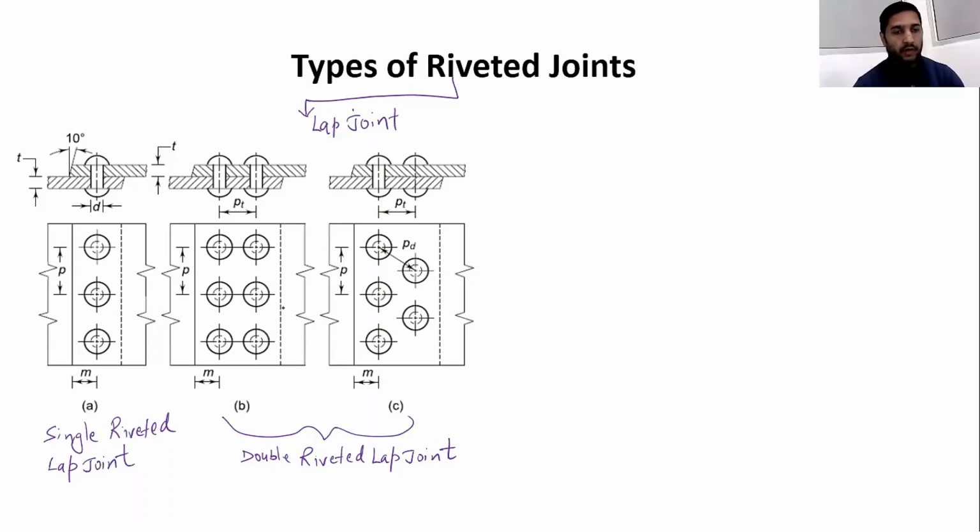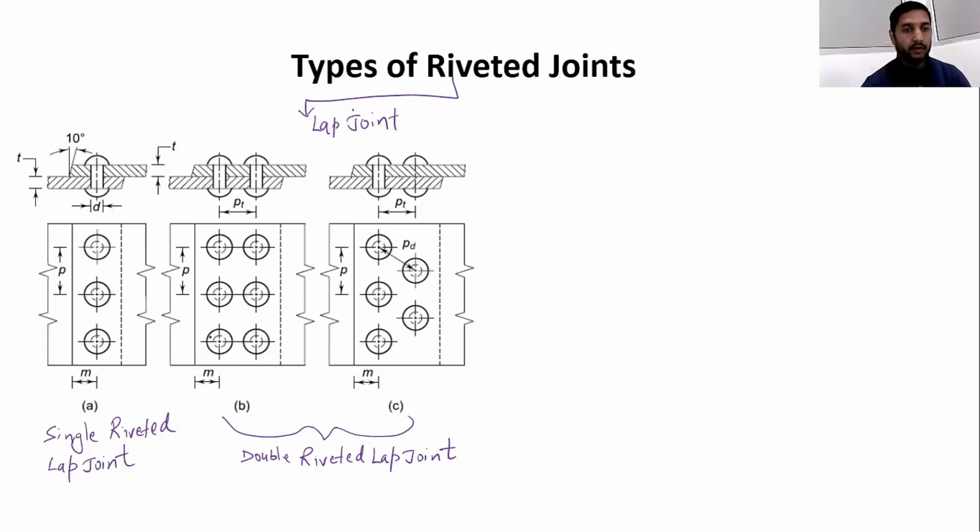Now, one more thing I would like to mention: in figures B and C, when we have multiple rows, see the arrangement of the rivets. The rivets are placed in a particular order. Figure B shows a chain type riveting.